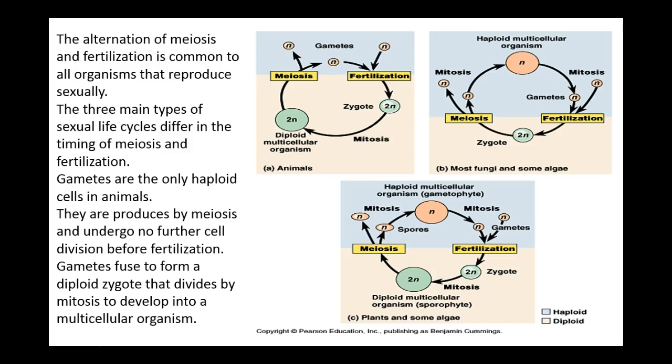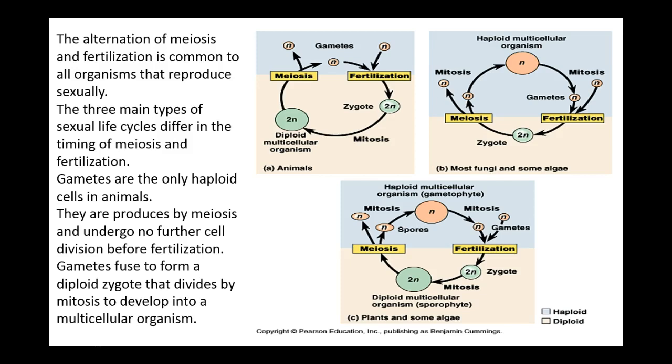It can reproduce in this concept of mitosis. When we think of mitosis, what we're thinking of is it just doubles itself. It replicates itself. It clones itself. And then that can have a fertilization process with another haploid unicellular organism.